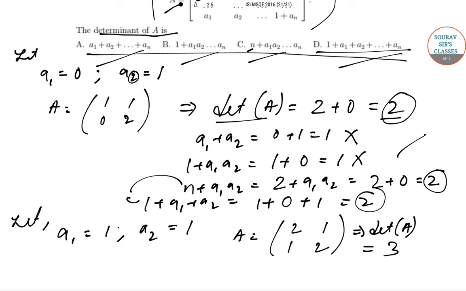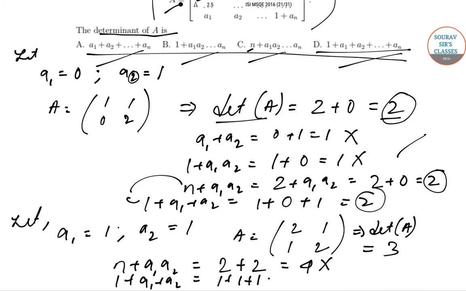So n plus A1 A2, where n is equal to 2 and A1 A2 is 1, gives 2 plus 2, that is equal to 4. So this is not the correct option. And 1 plus A1 plus A2 will be equal to 1 plus 1 plus 1, that is equal to 3, which is the correct option. So the only option that satisfies this condition is option D.